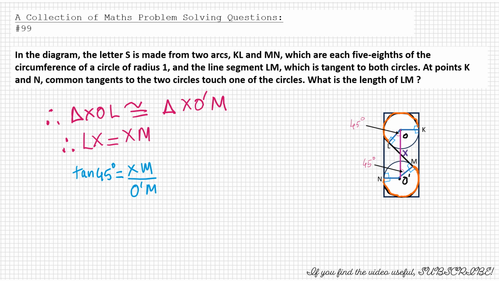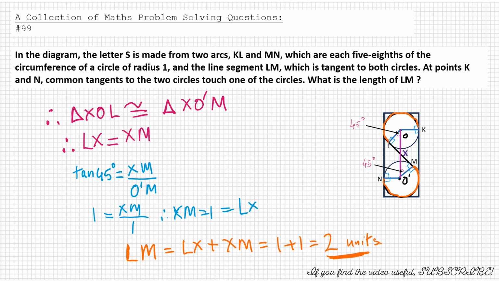That is opposite by adjacent. XM is the opposite side, the adjacent side is O dashed M. So tan 45 degrees gives us 1 equals XM, so XM equals LX equals 1. That gives us LM equals 2 units, and that's what we were required to find.